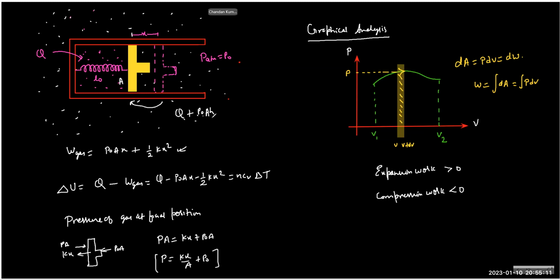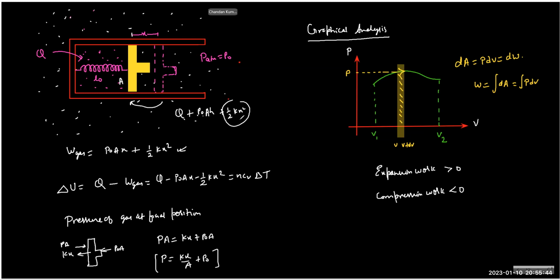Sir, the spring. Now, should we take the spring energy? Yes, because the work done by the atmosphere will also compress the spring, isn't it? Yes, sir. So now you will receive this energy, but that energy will be stored in the spring itself, right? Yes, sir, half k x square is the energy stored in the spring.